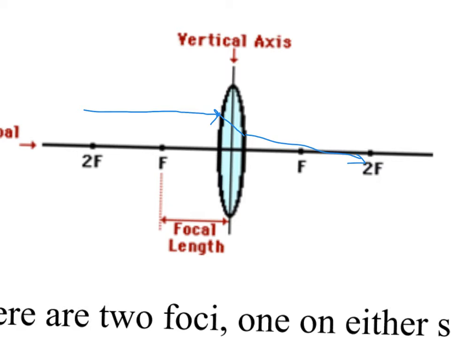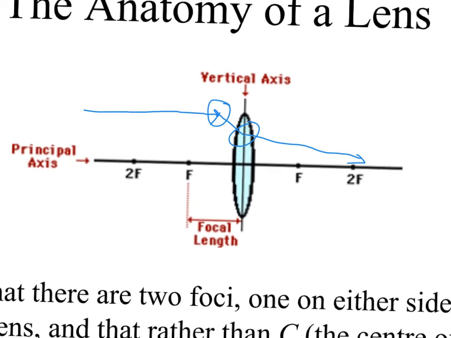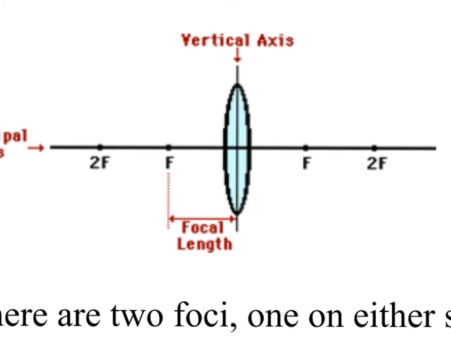So as you can see, there's this double bend going on here. But when we are drawing ray diagrams, we simplify this so that instead of trying to draw that double bend, the ray will hit the vertical axis and then it will bend. So we just have one bend point instead of the two that I just showed you.